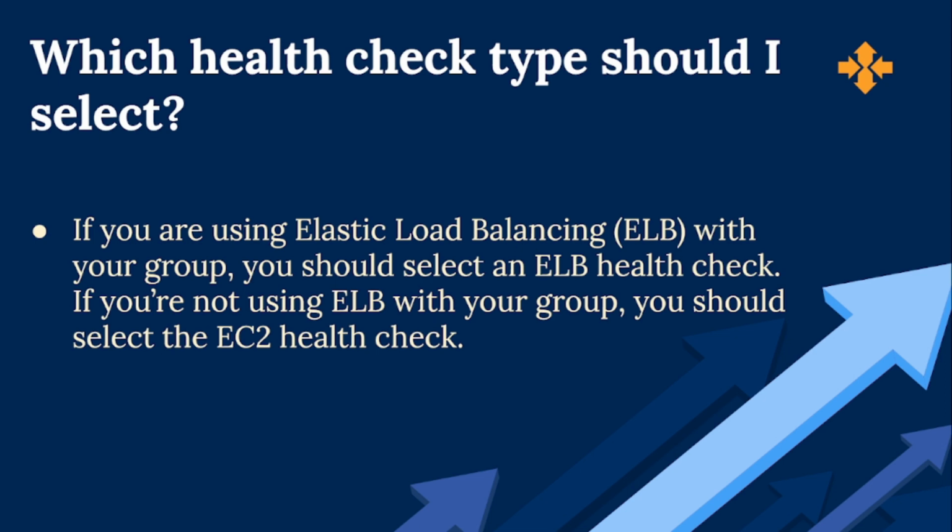Which health check type should I select? If you are using Elastic Load Balancing (ELB) with your group, you should select an ELB health check. If you are not using ELB with your group, you should select the EC2 health check.